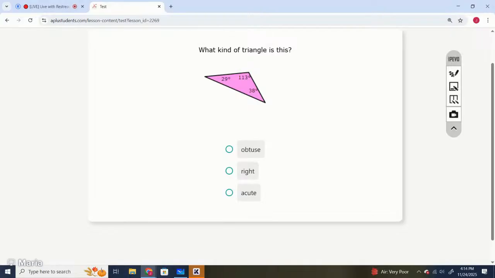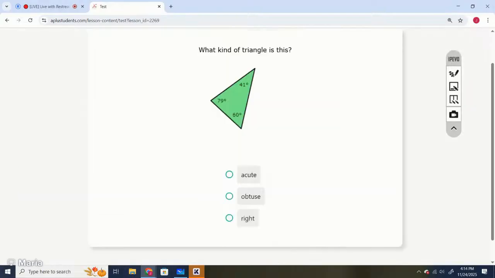What kind of triangle is this? That is the obtuse triangle. Option number one is the correct option.